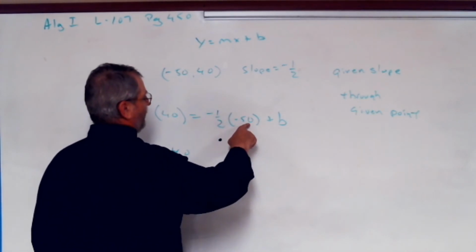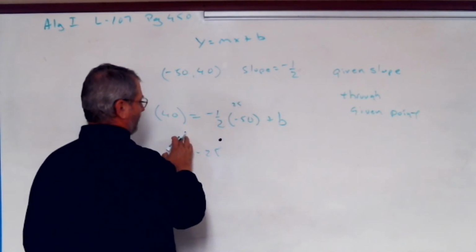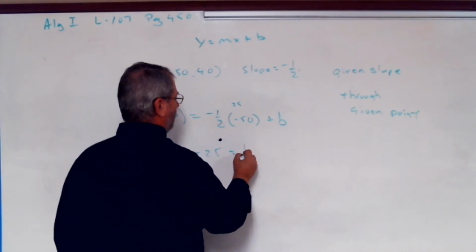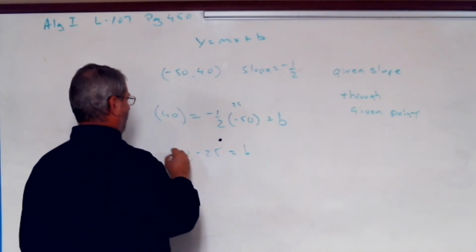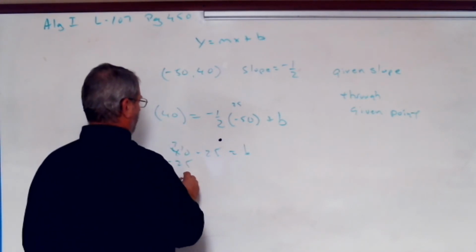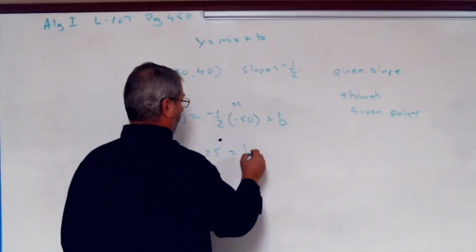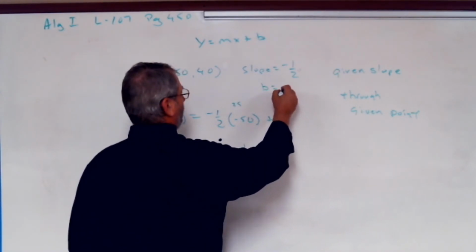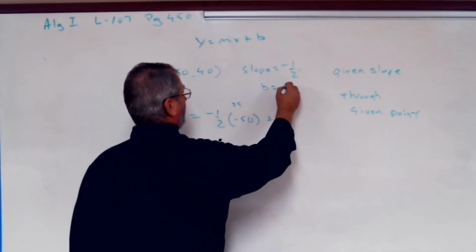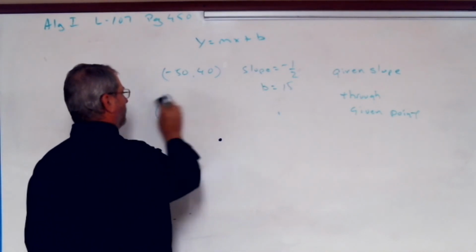So 40 equals 25 plus b. Subtract 25 over here, and b equals 40 minus 25, which is 15. So b equals 15. So we did all this stuff here, okay?